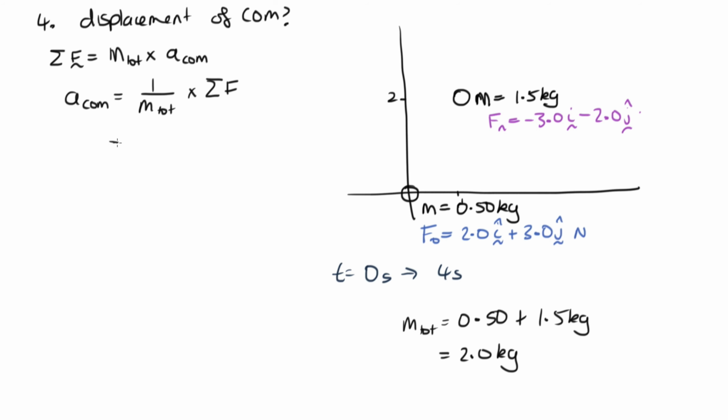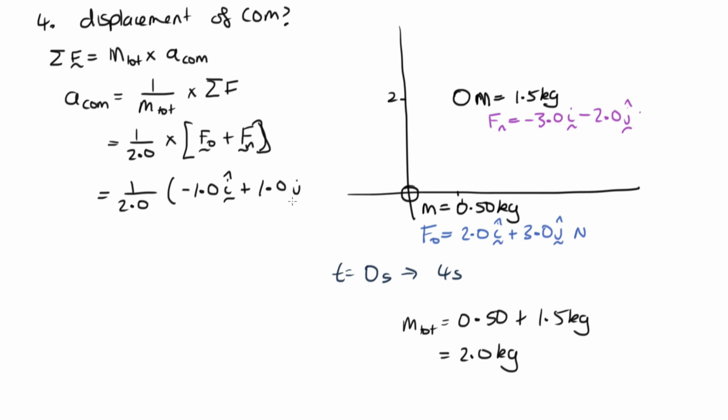And then the sum of the forces, we've got these two forces acting. So we've got the force of the olive plus the force of the nut. And they're already in unit vector notation, which makes them nice and easy to add. So we've got 2.0i minus 3.0i, so that's minus 1.0i, plus we've got 3.0j minus 2.0j, so 1.0j.